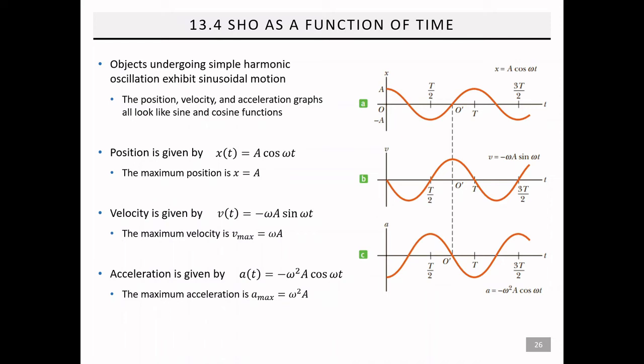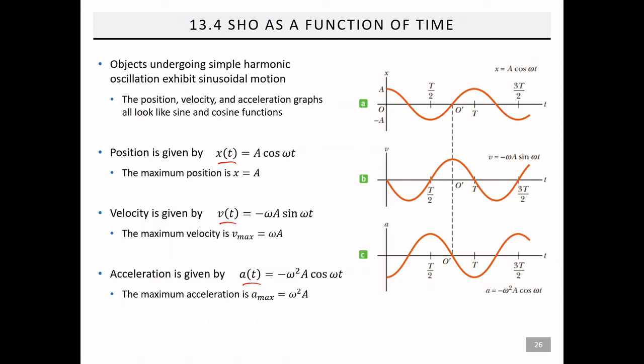I'm not going to derive these specific equations. If you're interested in the details, they're in sections 13.3 and 13.4. And we will look at this sinusoidal motion more in the next lecture. But for now, I just wanted to show you these three equations: the x as a function of time, the v as a function of time, and the a as a function of time.